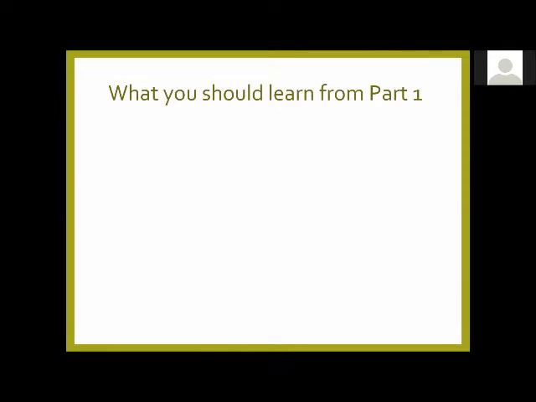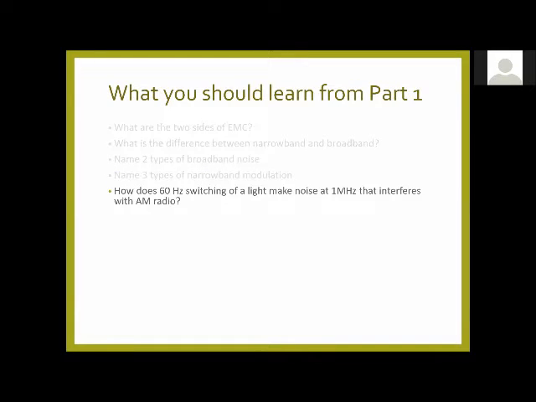Okay, what makes up EMC? This is what you should take away. There's two parts to it: narrowband and broadband. I want you to be able to tell me two types of broadband noise, three types of narrowband modulation, and why 60 hertz switching of a light makes noise at 1 megahertz and interferes with my AM radio.